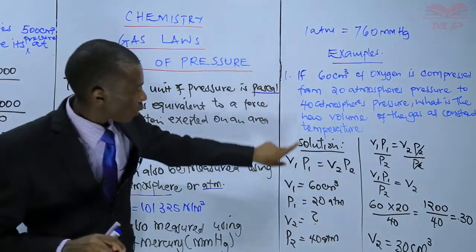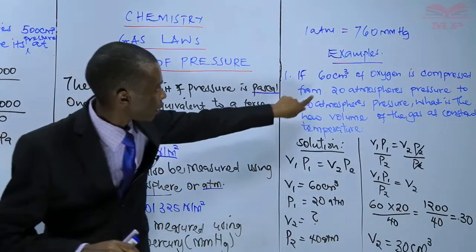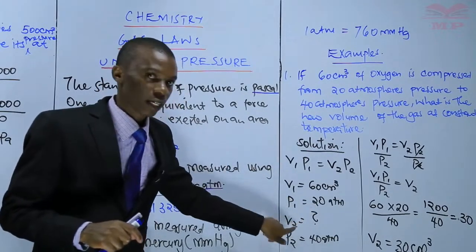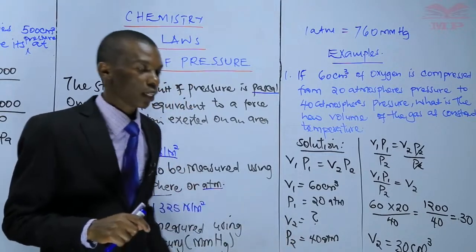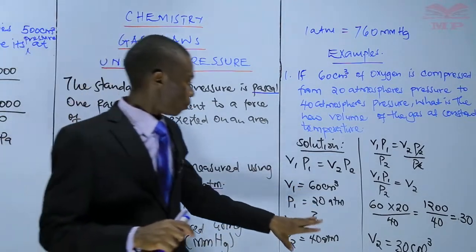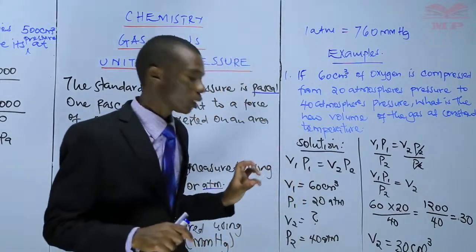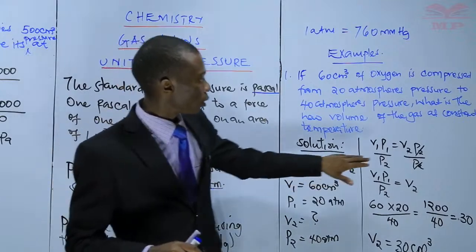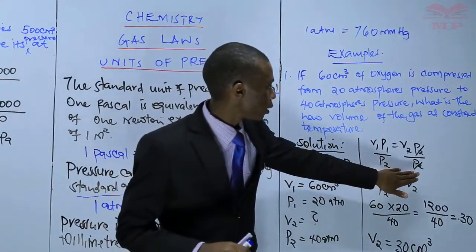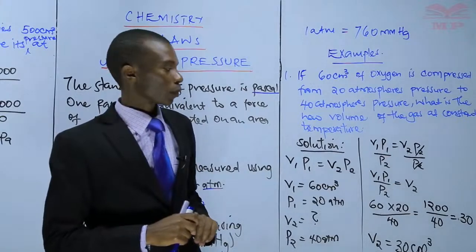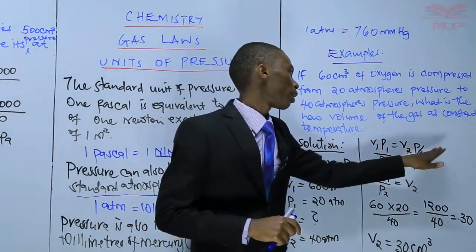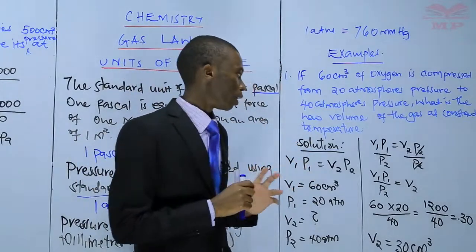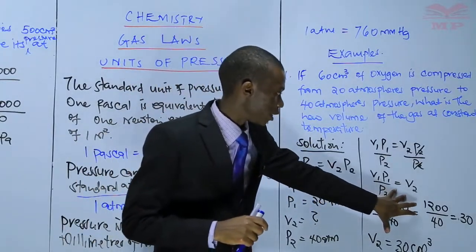Then from the question we have isolated V1 is 60 centimeters cubed, P1 is 20 atmospheres, V2, this is what we are calculating, and P2 is 40 atmospheres. Because we are calculating V2, we need to make V2 the subject of the formula. Therefore, we divide both sides by P2. On the right side, the P2 will cancel with the P2, and the V2 will be left as the subject of the formula.